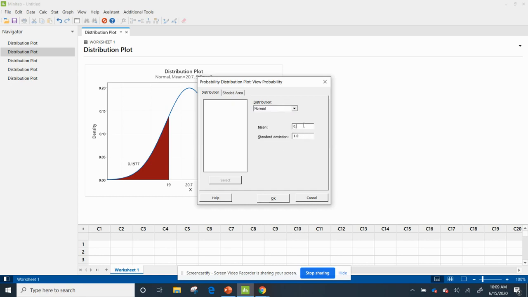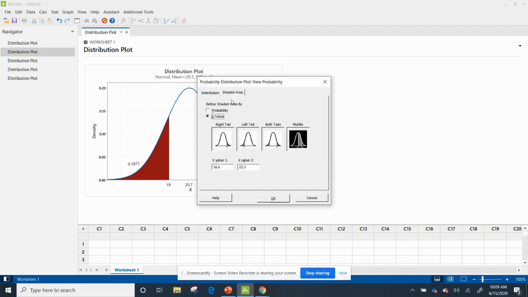My mean is 20.7. My standard deviation is 2. And then I need to click over here to the shaded area. And remember, I have an X value, which was 19, and I know it's a less than. So in this X value, I'm going to put 19. I'm going to hit OK.